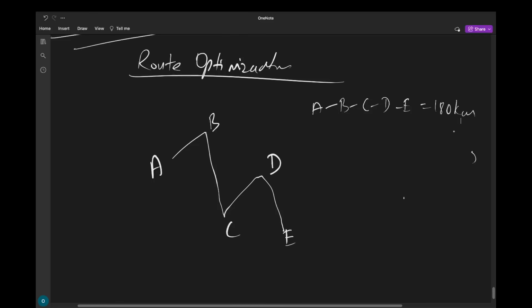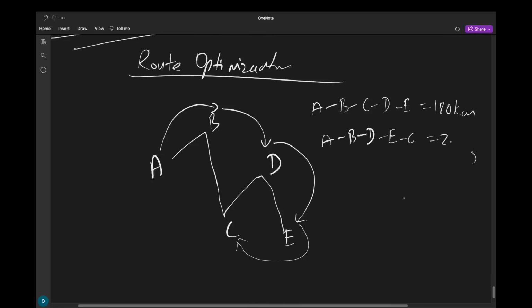Then route 2 can be A to B, and then B to D, then D to E, and E to C. So A to B to D to E to C, and this is 210 kilometers. And the third route can be A to C to E to D to B, that will be 170 kilometers. So this one is the best route, right?